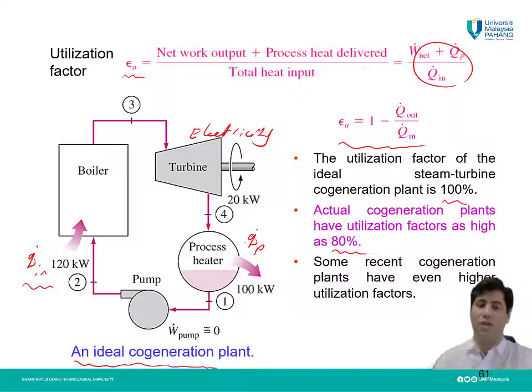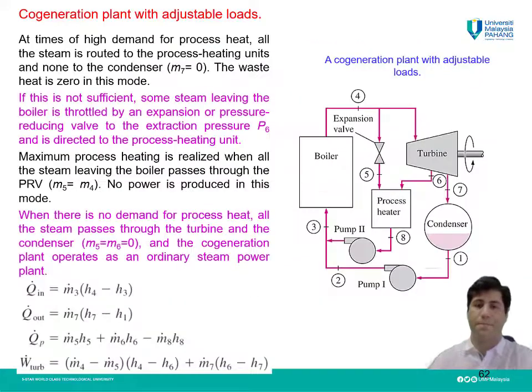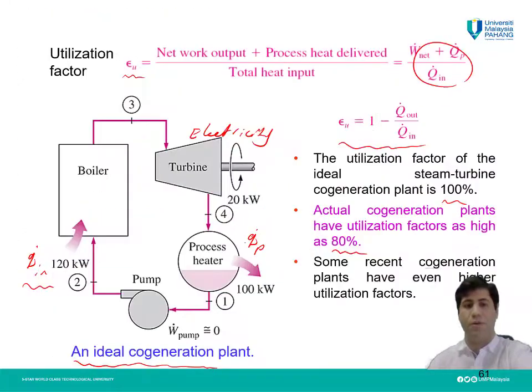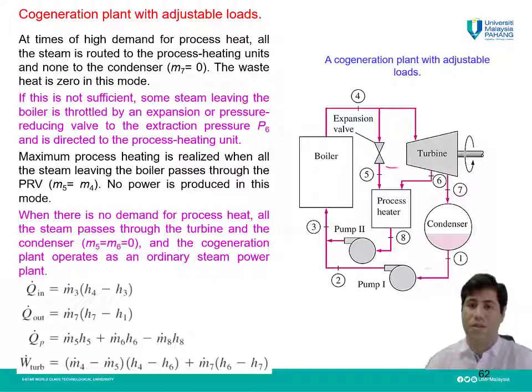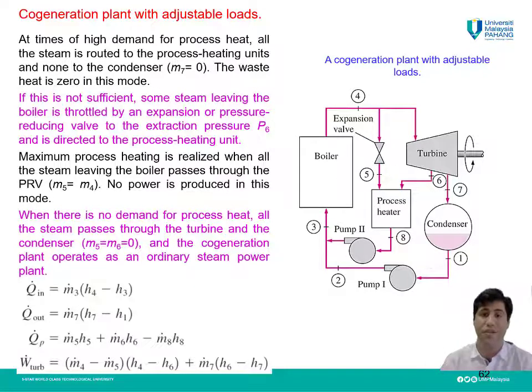So what we can do is to put something like this configuration. You can see differences between this and the previous one. We add this expansion valve. As you can see in this cogeneration plant, which we call a cogeneration plant with adjustable loads, we have different modes.